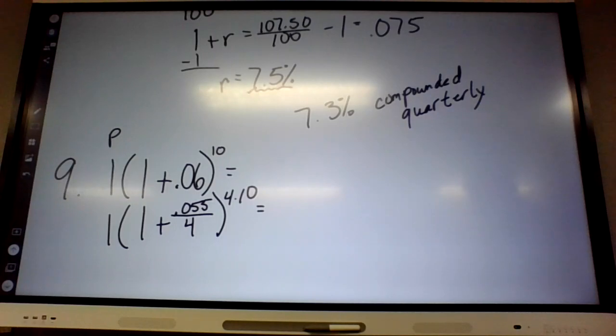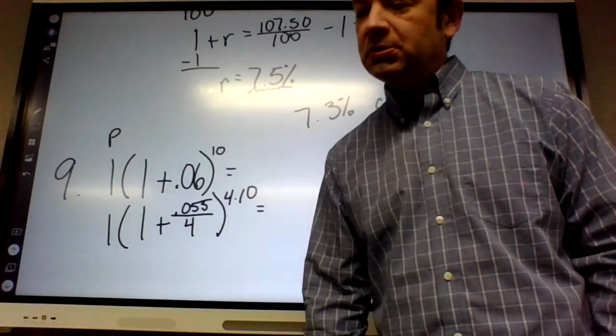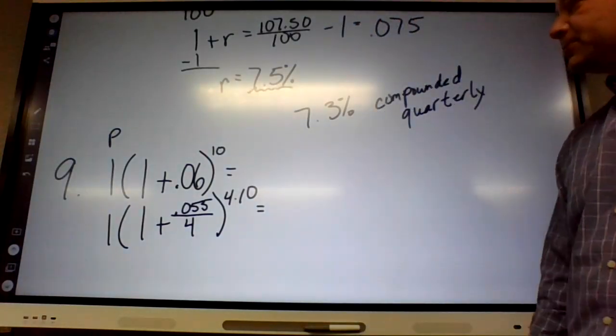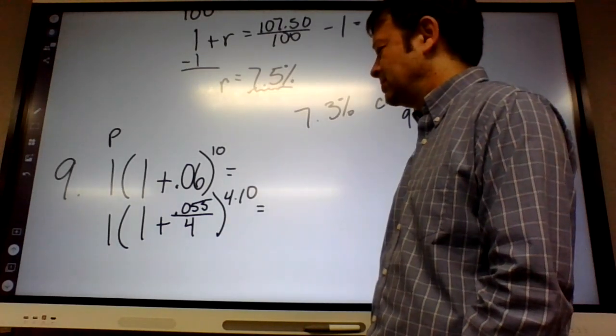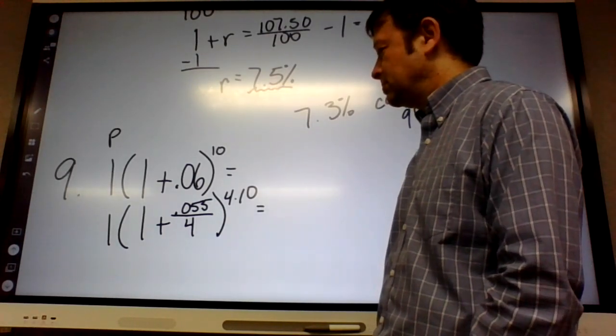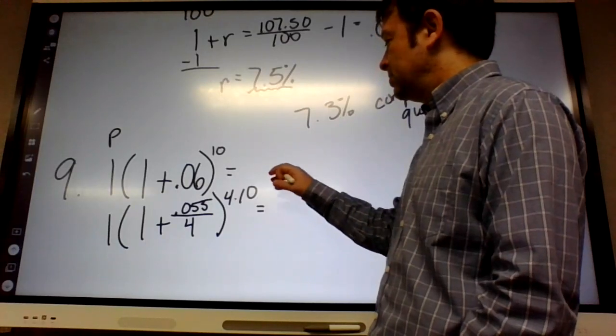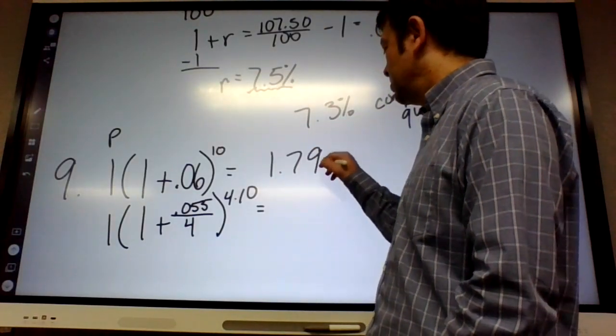Split the work. Lydia, how about you get the first one, and Trey, how about you get the second one? Let's go to like 4 decimal places, will probably be good enough. 1.7908.